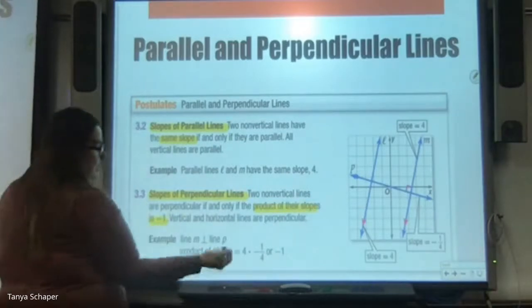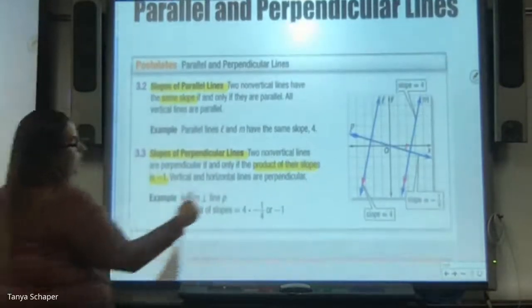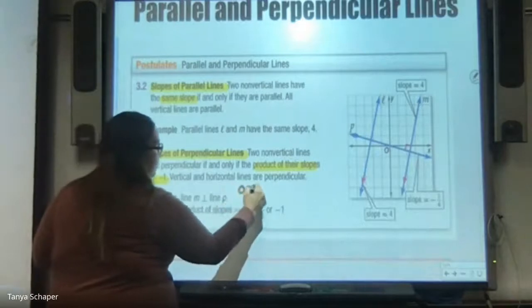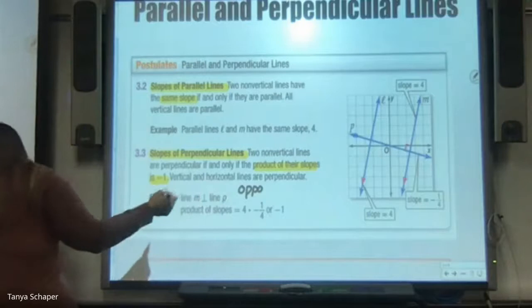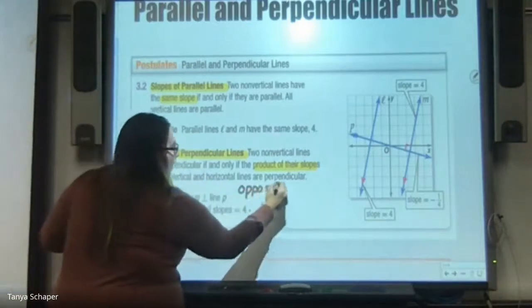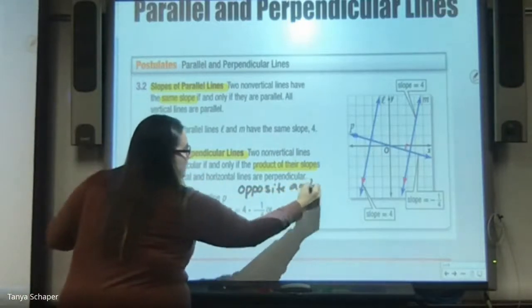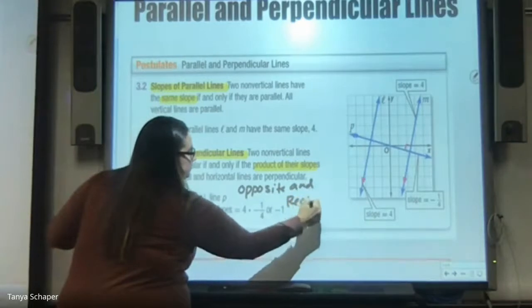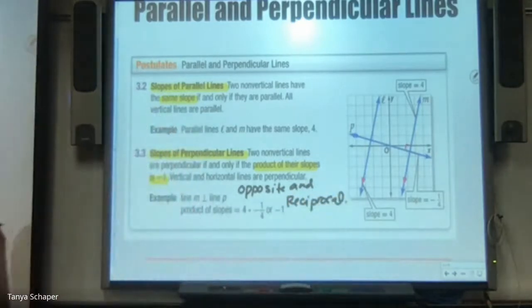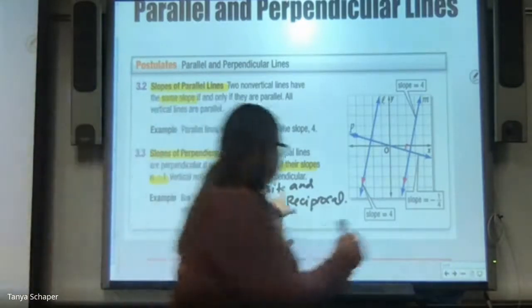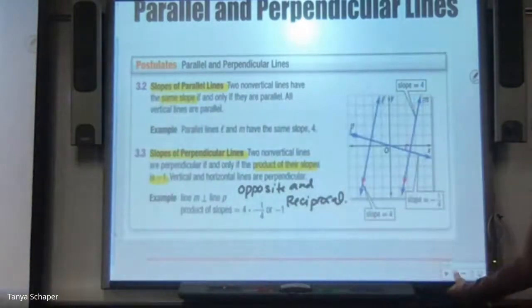What it really is, is that they are opposite and reciprocal. Excuse me. Opposite and reciprocal. Keeping this in mind, it's pulling it back from last year: parallel has the exact same slope, and perpendicular lines have opposite and reciprocal slopes.